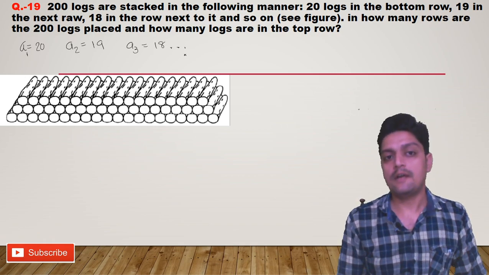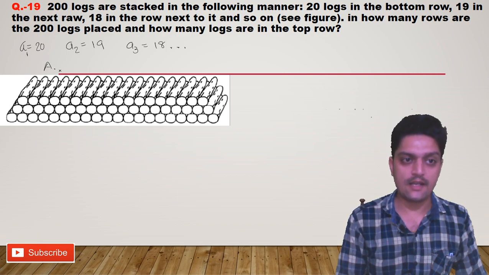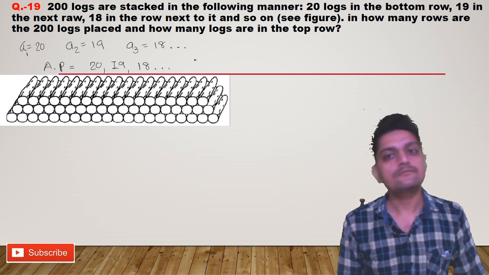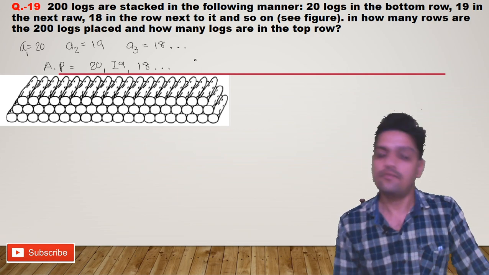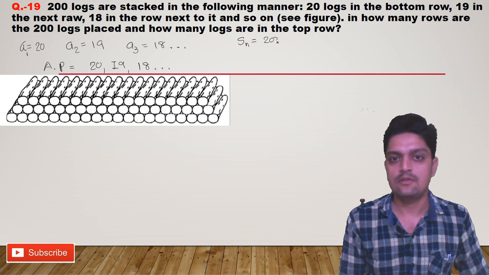So now our AP will be, here we have to write AP. AP is what? 20, then 19, then 18, and so on. The last term I cannot write because we have to find that, but total logs, so I should write Sn, that is 200.